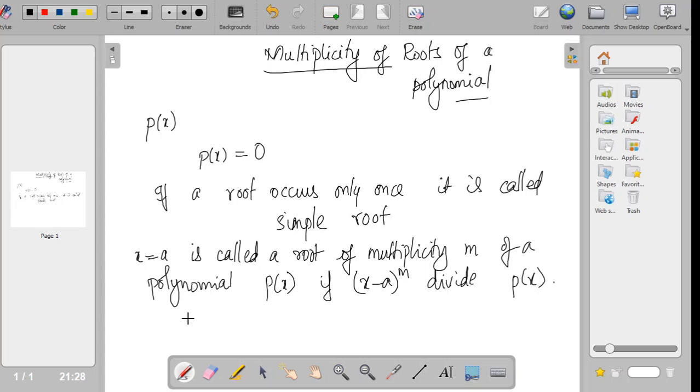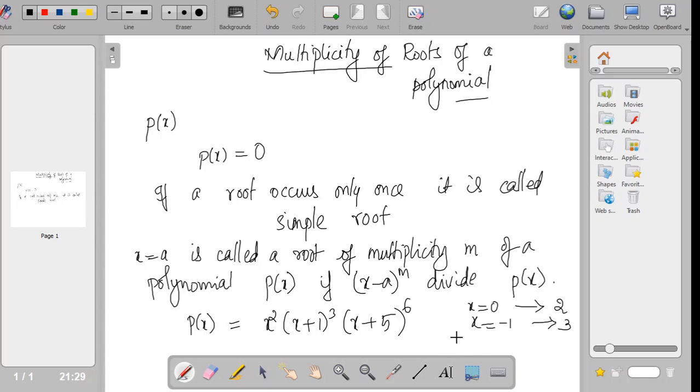So if you take the example of the polynomial x squared times x plus 1 whole cube times x plus 5 whole raised to 6, here x equal to 0 will have multiplicity 2, x equal to minus 1 will be a root of multiplicity 3, and x equal to minus 5 will be a root of multiplicity 6. So that is what you mean by the multiplicity of a root of a polynomial.